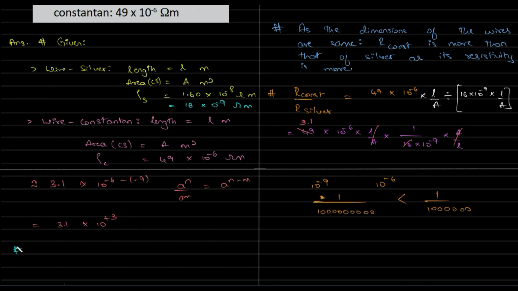So the resistance conclusion is resistance of constantan is 3100, sorry, 31,000 times as that of silver.